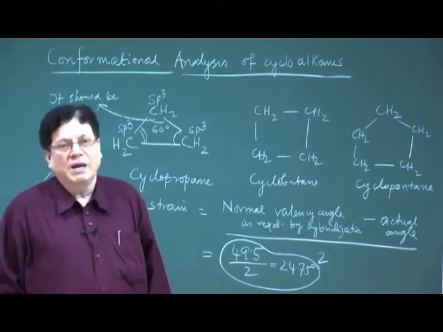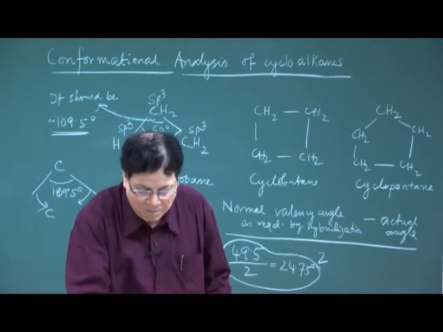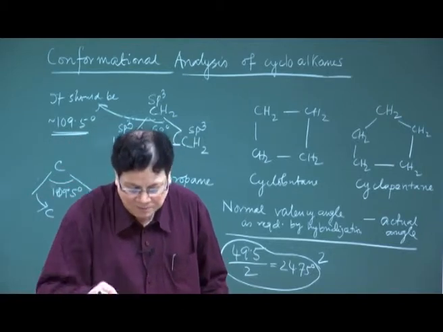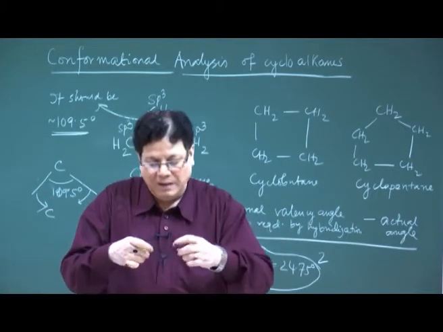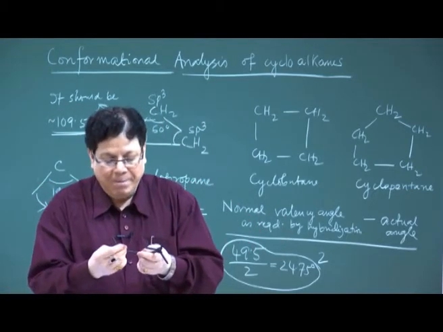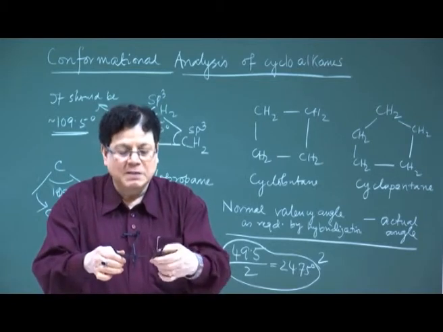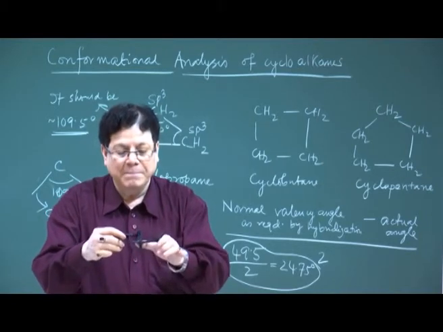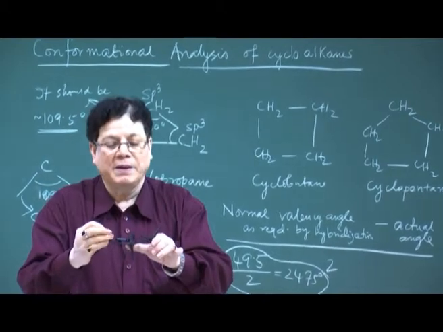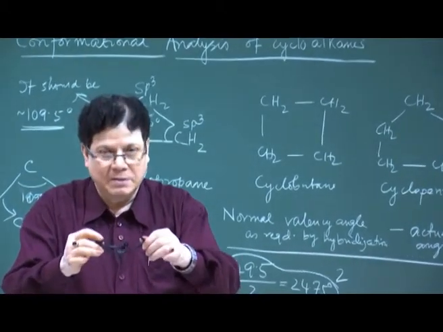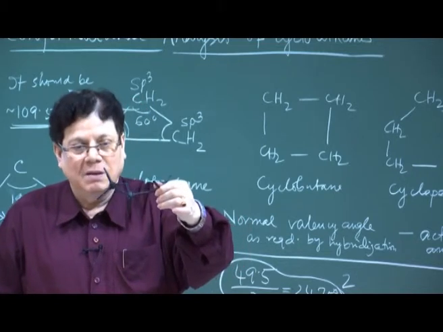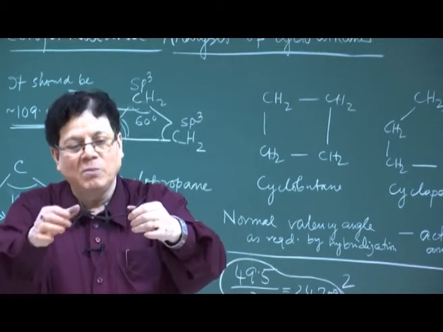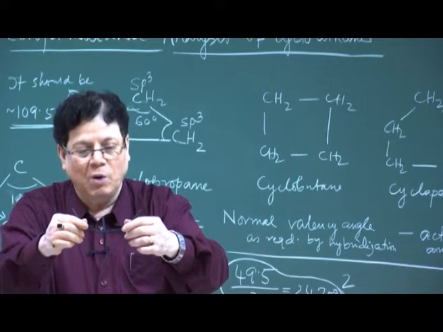It is an enormous strain, and if you try to build up the model of cyclopropane, so let us see, this is propane. Okay, this is propane. Now, if you want to make cyclopropane out of the propane, then what you have to do?